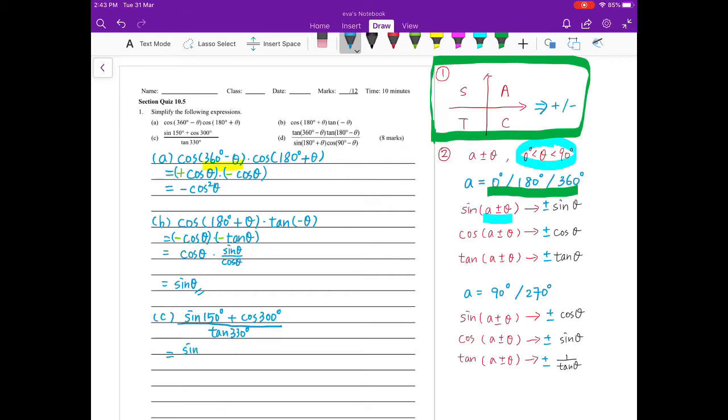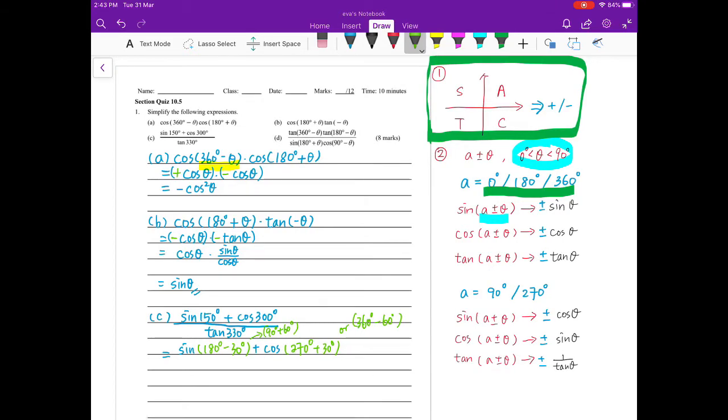So let's say sine 150, I can change it to 180 minus 30 degree. And then cosine 300, I can change it into 270 plus 30. Of course, you can use 360 minus 60, this is also okay. This one, you can use 90 degree plus 60 degree. This is also okay, but I choose this one because at the end, there is no difference.